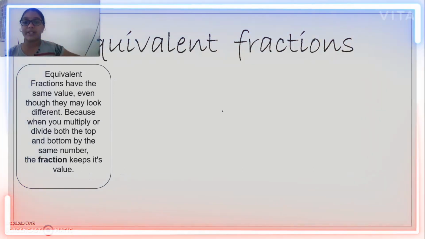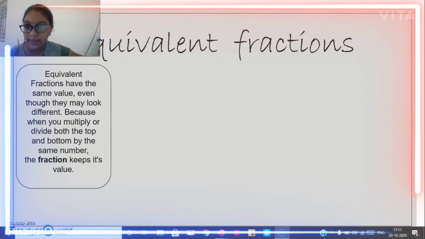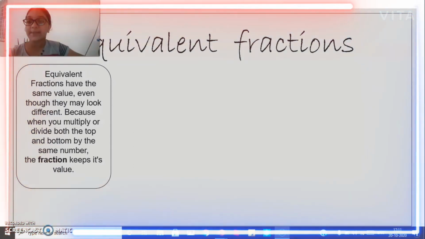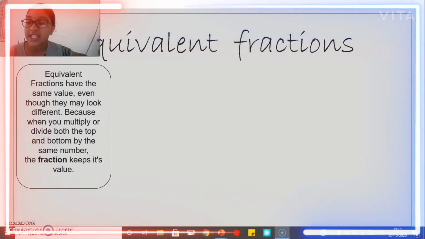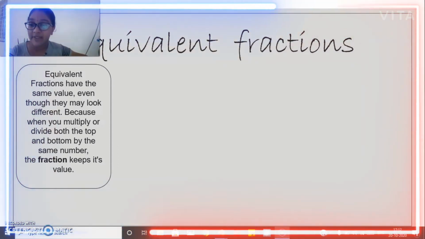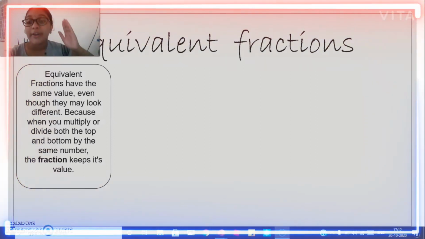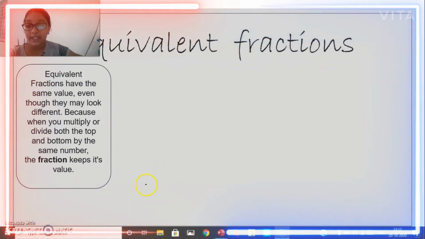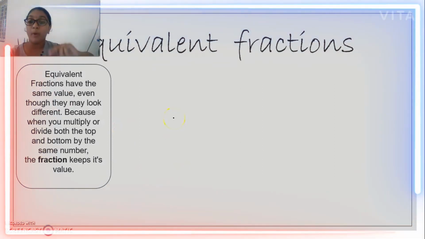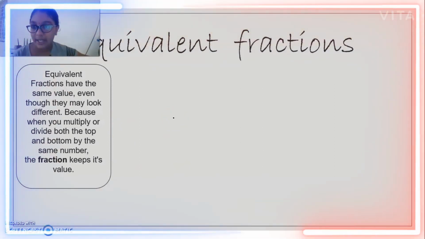Next, equivalent fractions. Sorry, the E is not visible, but it's equivalent fractions. So equivalent fractions have the same value. The fractions have the same value, but they may look different because when you multiply or divide the top and the bottom both by the same number, the fraction keeps its value the same.